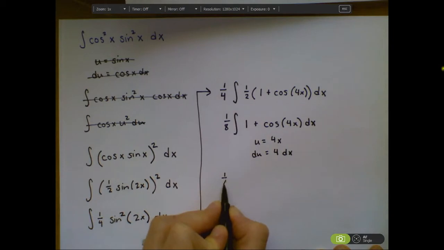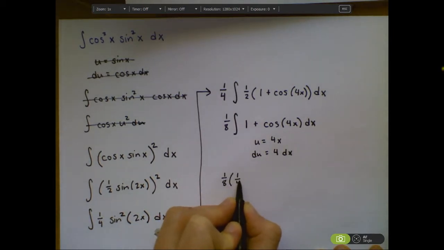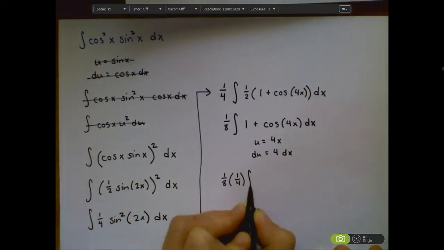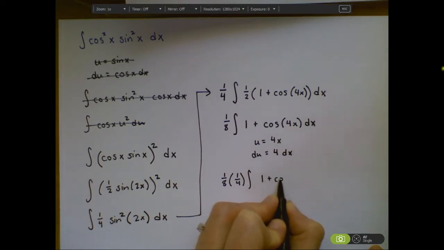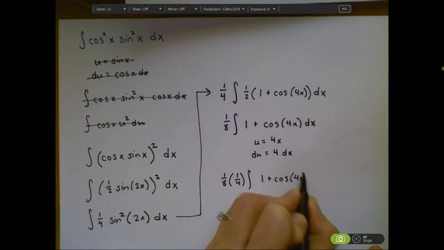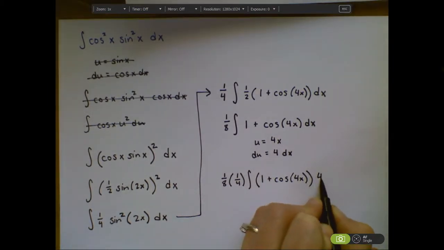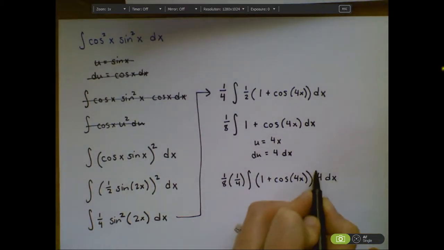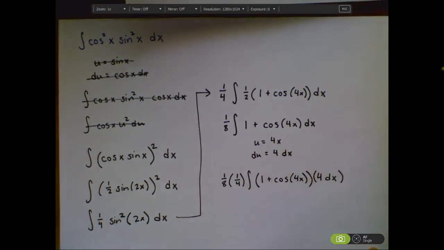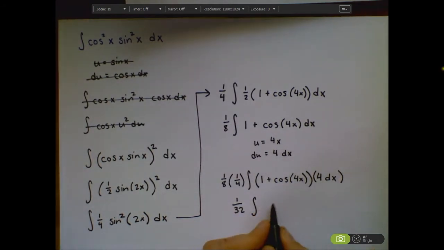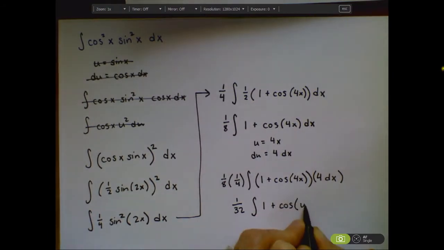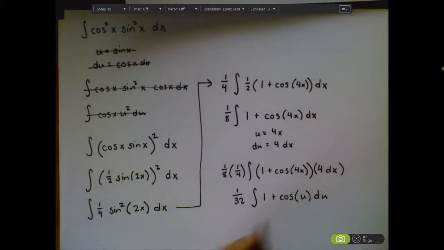So I have 1/8 times 1/4 times the integral of 1 plus cosine of 4x. I multiply it by 1/4, then I get a 4 dx. This can convert into my du. I get 8 times 4 is 32, times the integral of 1 plus cosine of u du.